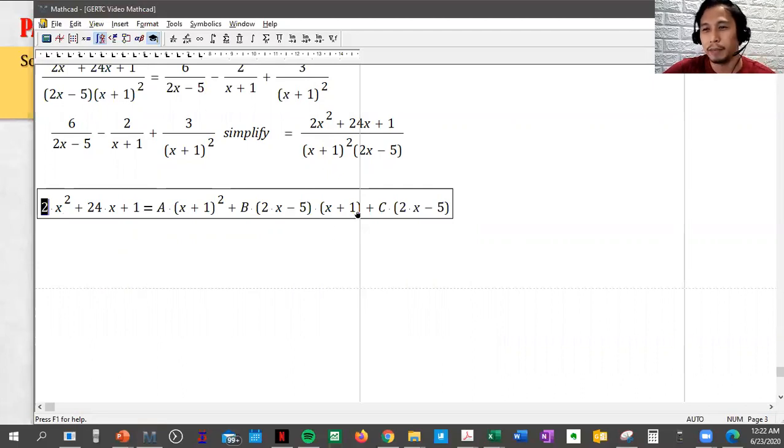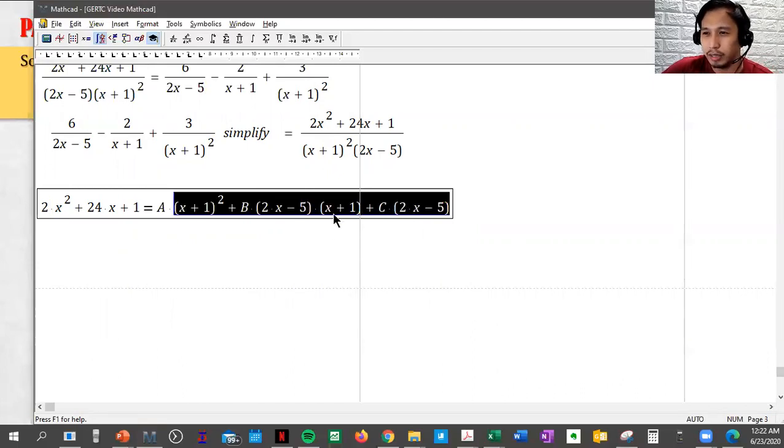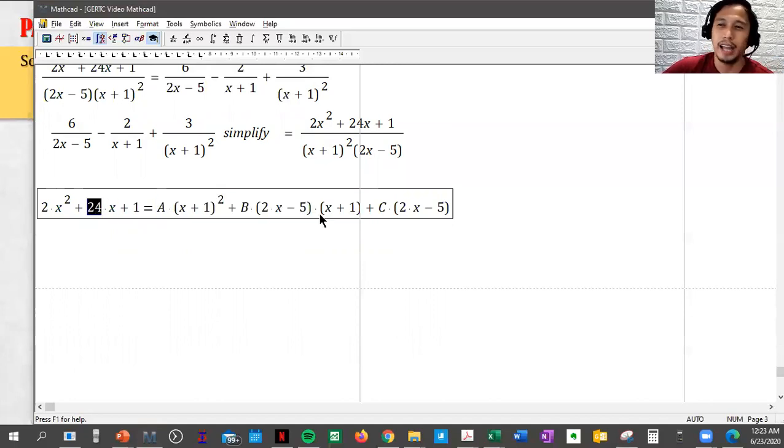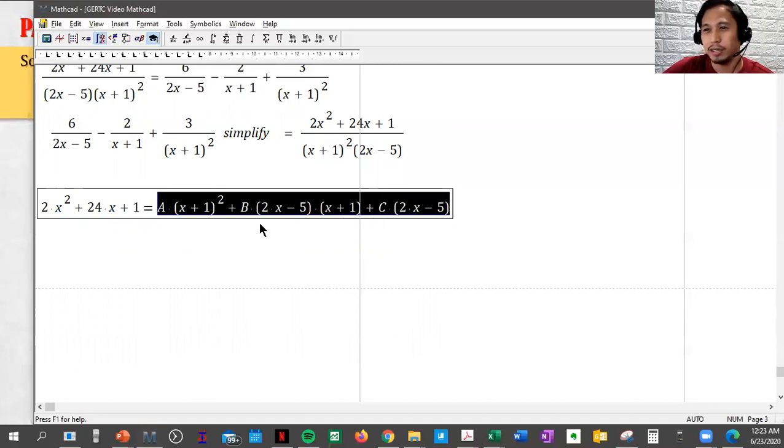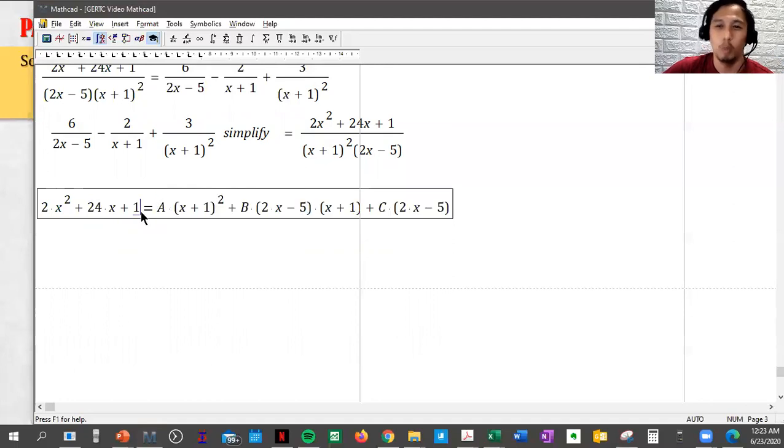Since it is an identity, the coefficient of x, the linear term, a sub 1, must be equal to 24. And the constant must be equal to 1, because this is an identity.